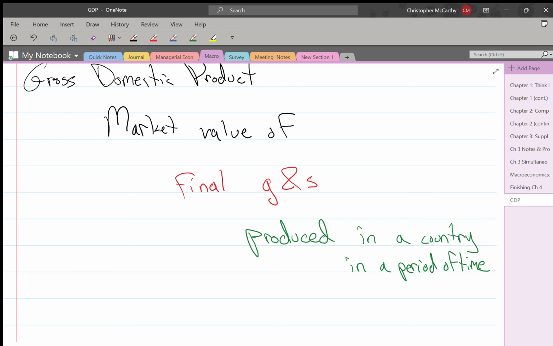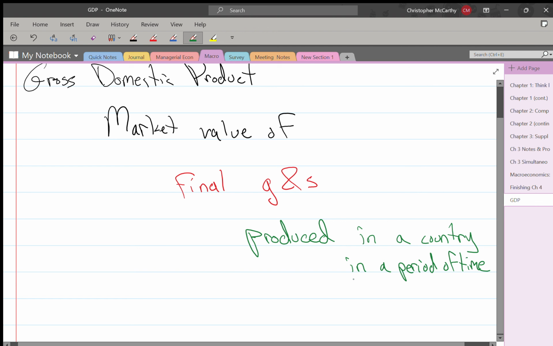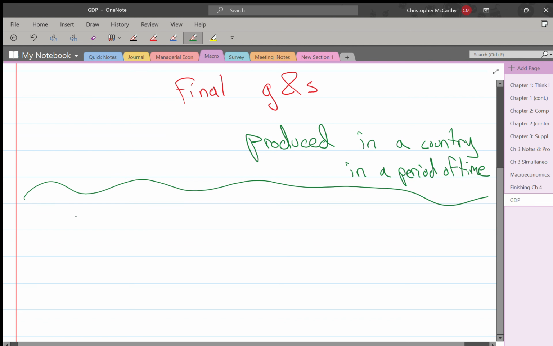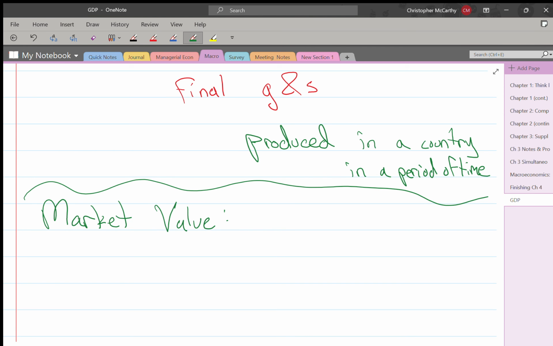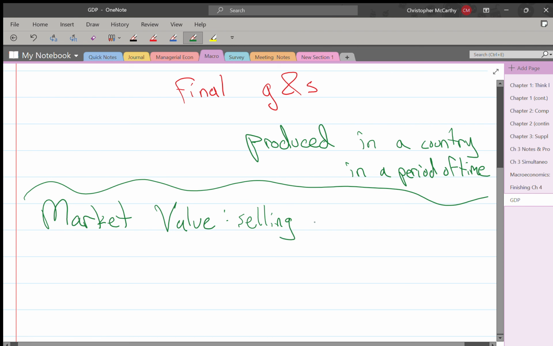So how do we add up grains of wheat and movie ticket sales and other kinds of things that we're producing as the United States? Well, we have to use their dollar value, or what's called their market value. So the market value is just that. It is the selling price of goods and services on the market.